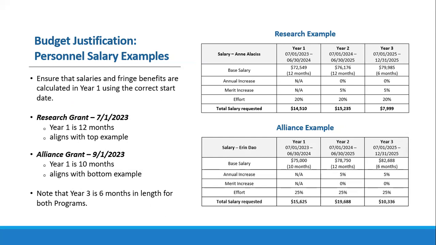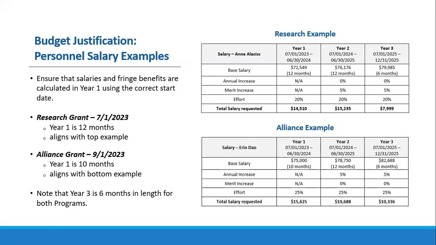So anybody that's being paid by the project needs to have their own table like this included, where their salary is multiplied by the percent effort, and then any percent increases as appropriate. For contributions that are in kind and not being paid, it's not necessary to list the salary for that employee. Is that helpful?